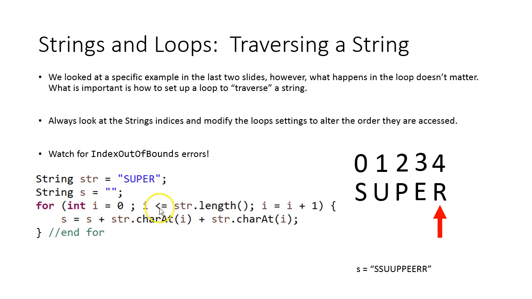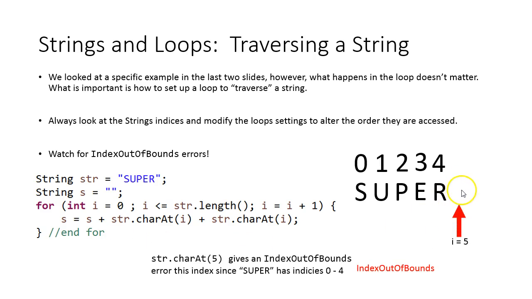Because i is less than or equal to str.length, when we're at the end of this loop, i will become 5, and that satisfies the loop. So I end up pointing into this region where there are no letters, and that's what gives the index out of bounds error. Because I'm trying to do str.charAt(5), and "super" has indexes 0 to 4, you get a runtime error.